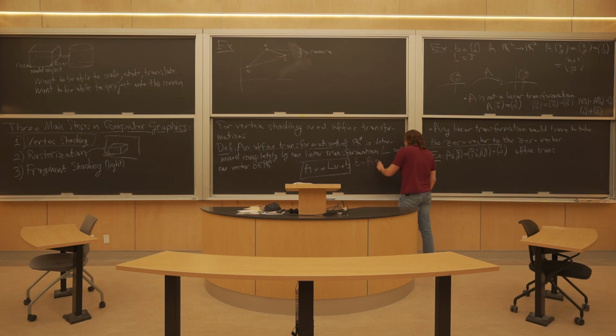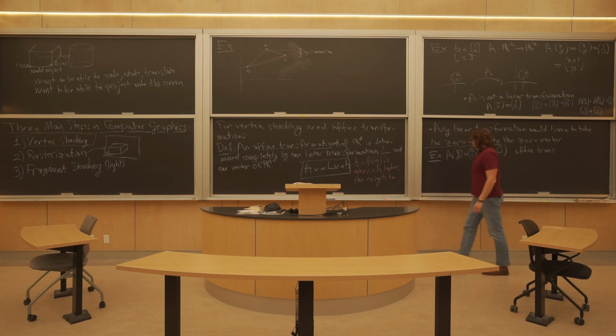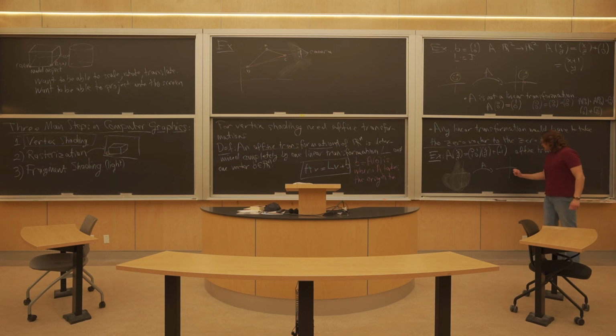B equals A of 0 is where A takes the origin to. Okay? So this is one piece of information that is important. Let's try to draw this. So I started like this, and when I apply A to it, now the origin is going to be sent to 1, minus 1.